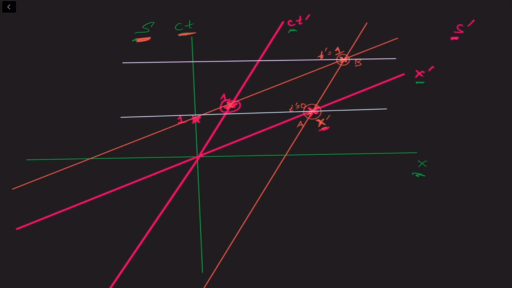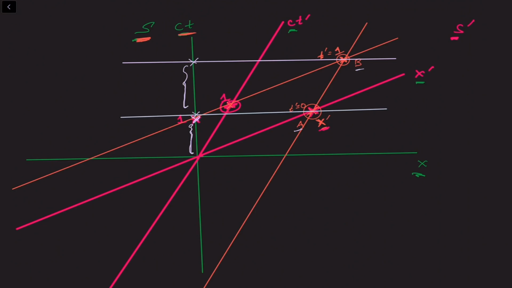So here I've shown horizontal lines that pass through the points A and B, and we can see where they intersect the time axis. What you can see from this figure is that we now know our unit length along the time axis. This is a unit of time as measured by observers in frame S. And you see that the time interval that has elapsed between the events A and B is longer than 1 unit.